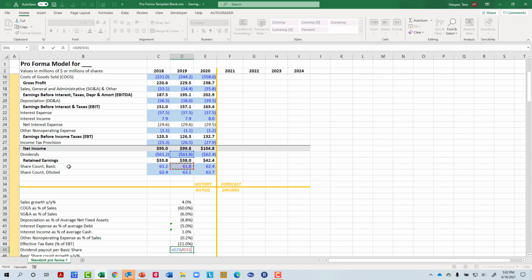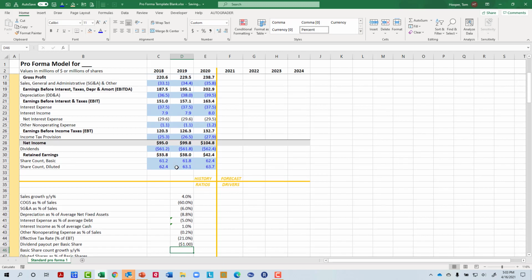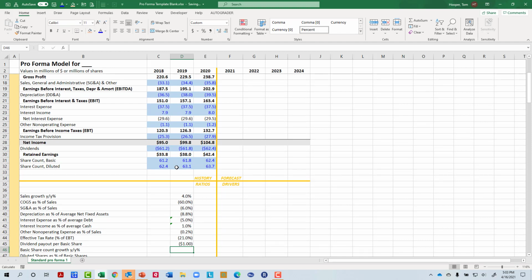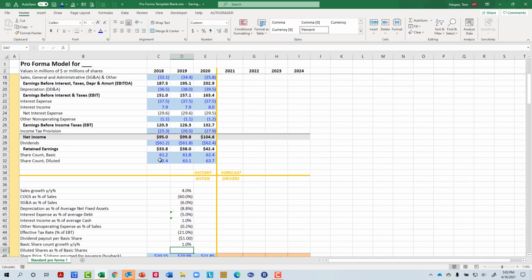If some convertible securities got converted into shares, or options exercised is usually how that works, it'd be a slightly higher count. So the 61.8 is included in the 63.1. We'll use it below when we calculate equity value. The basic share count growth is just this year over last year, minus 1.